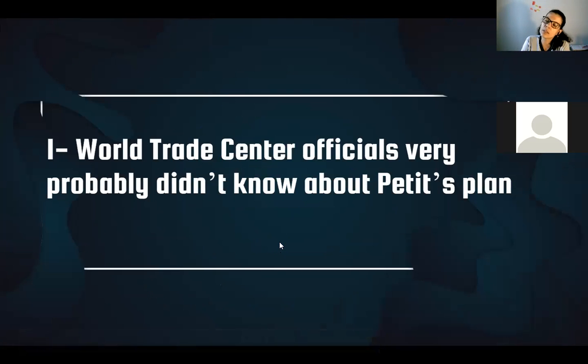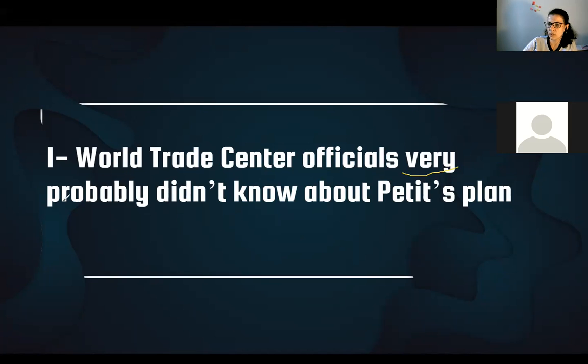Here I have this sentence. We can do it together, all of you. World Trade Center officials didn't know about Petit's plan. We have here very probably. So if I have probably, which modal can I use?